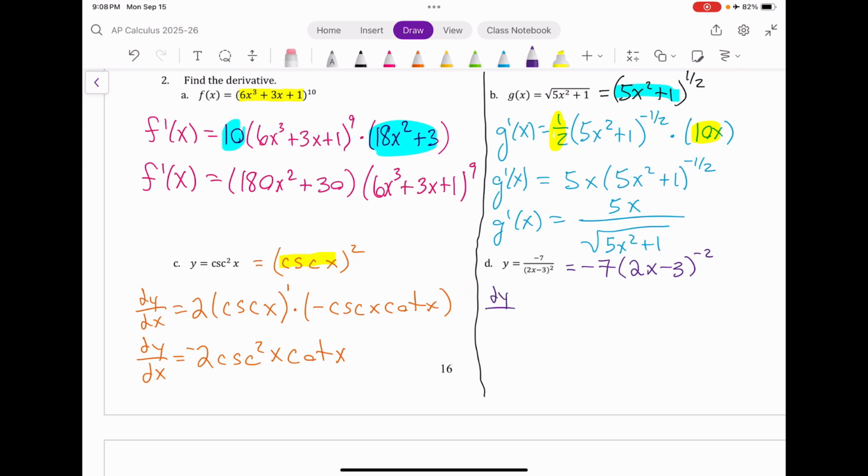So when we take the derivative with respect to x, negative 2 to the front makes it 14 times 2x minus 3 to the negative 3, and then times the derivative of the inner function, times 2. Okay, so 14 times 2 is 28, and times 2x minus 3 to the negative 3. And we'll leave it like that.